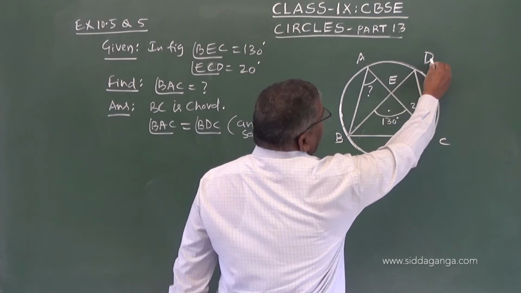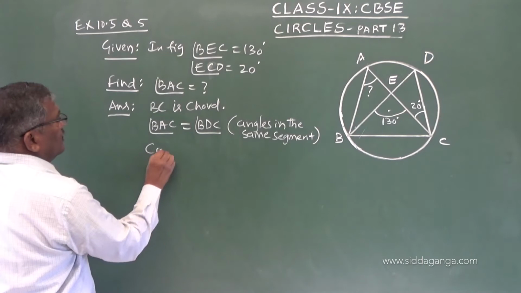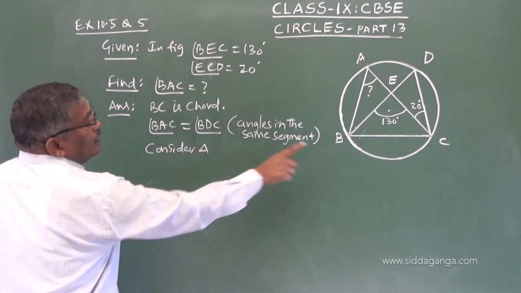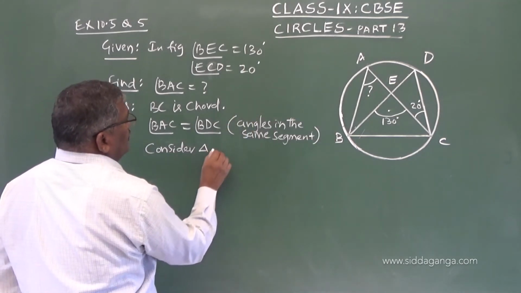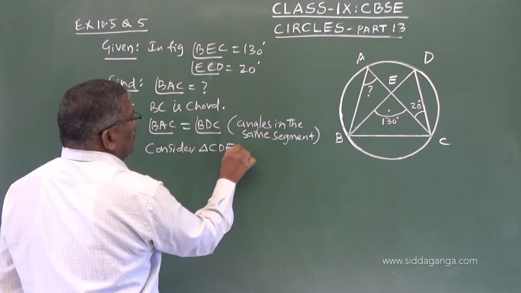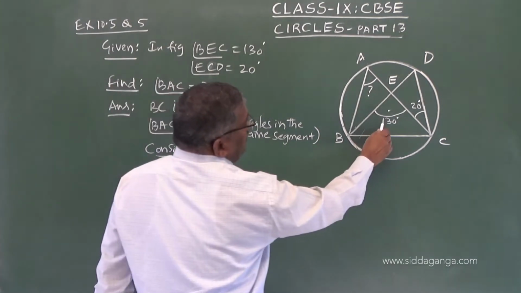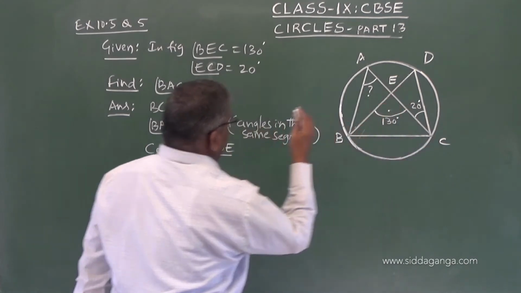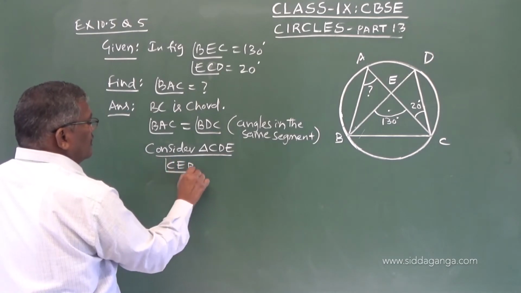Consider triangle DCE. Consider triangle CDE. So in this triangle you observe this angle CEB, this is the exterior angle.